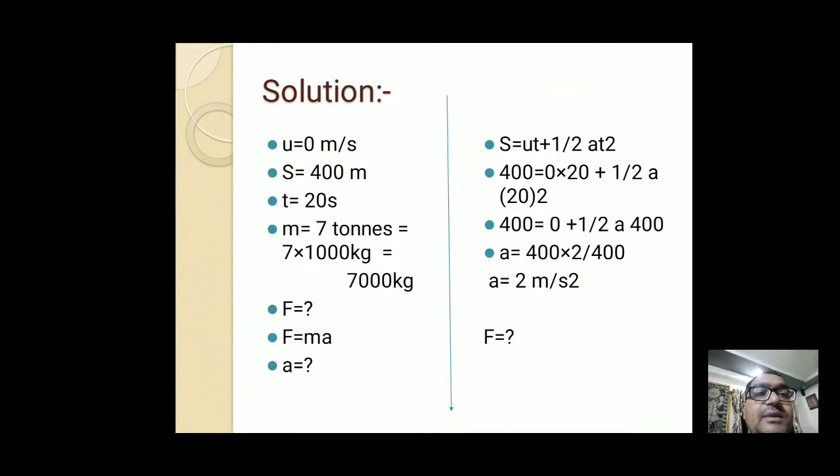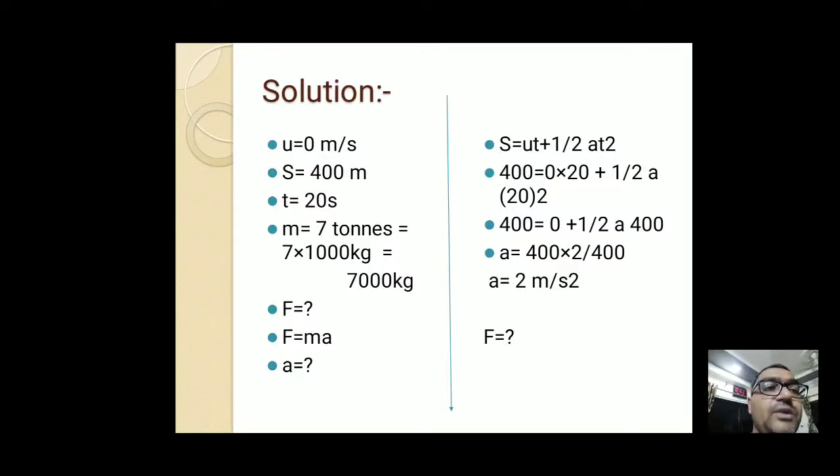So distance s equals 400 meter and time t equals 20 seconds, and mass m equals 7 tons, so we have to convert it into kg. 1 ton equals 1000 kg, so we multiply with 7, and it will be 7000 kg. Finally we have to find the force, and before that we have to find the acceleration. So both things we have to find: F equals question mark and a equals question mark.